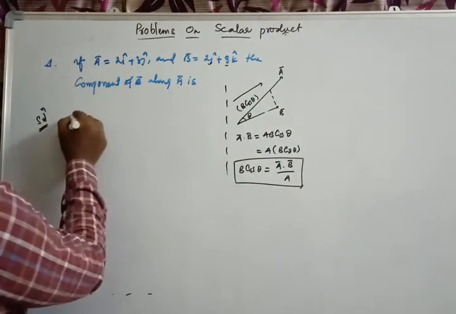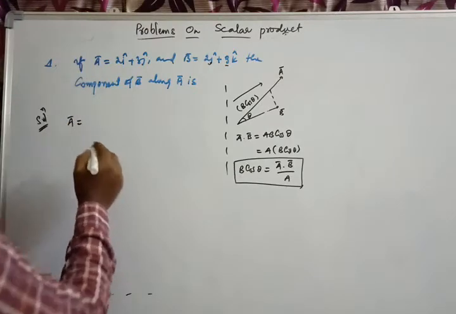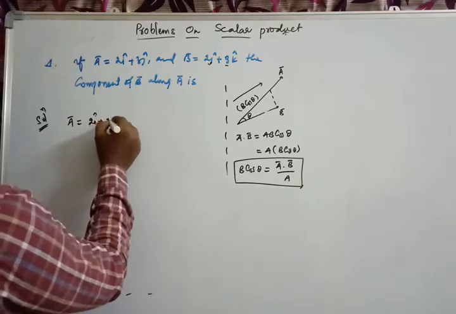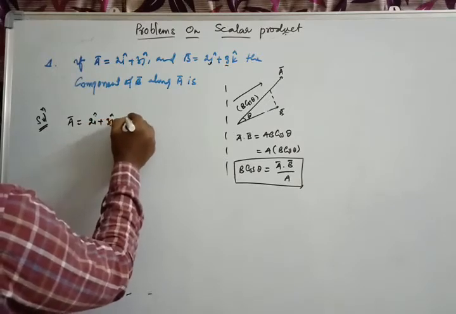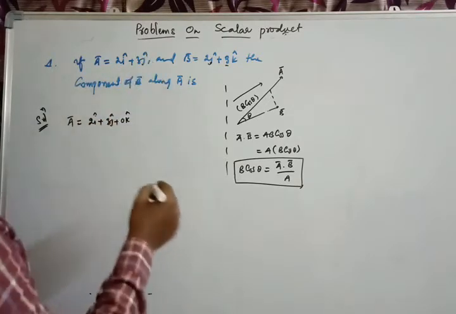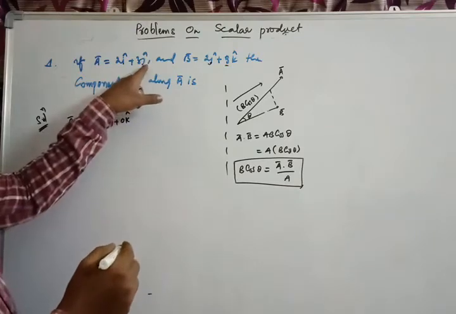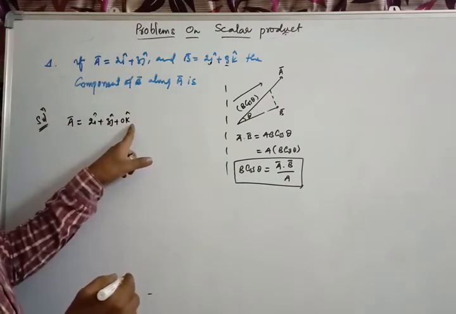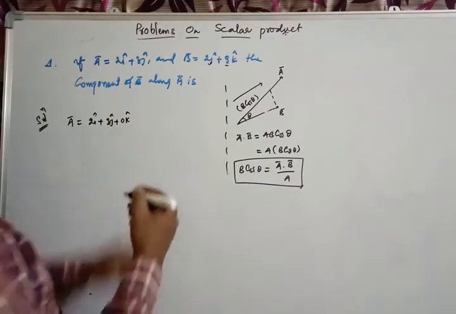So the A bar vector is 2i cap plus 3j cap plus 0k cap, because there is no magnitude for the k cap vector along the z axis.